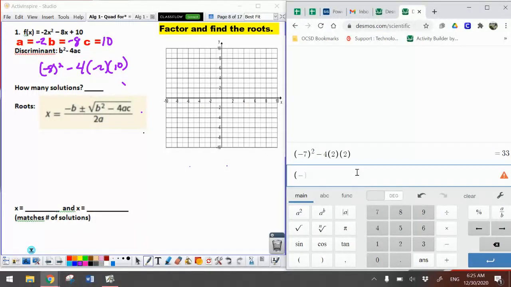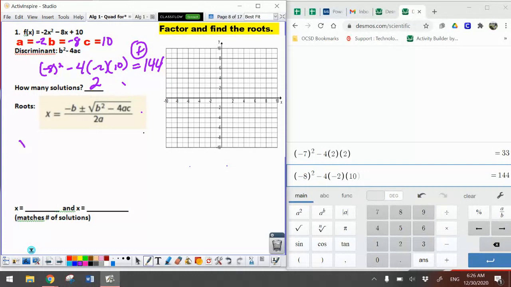So -8, and I'm going to square it, minus 4 times -2 times 10. And I need a minus sign in there. Okay, so that gives me 144. Since this is positive, I know that there are two roots.